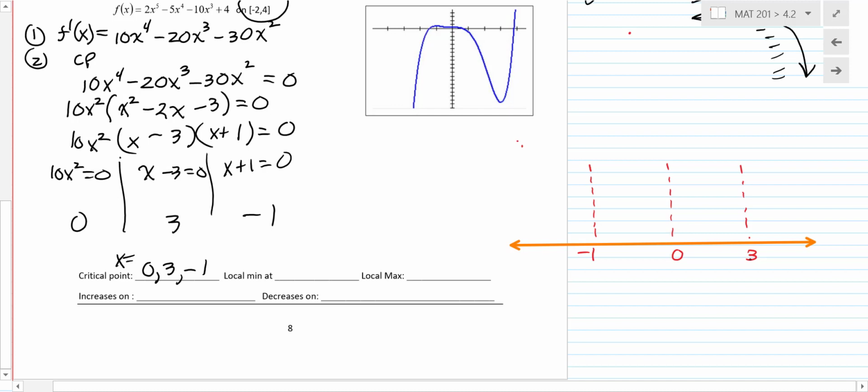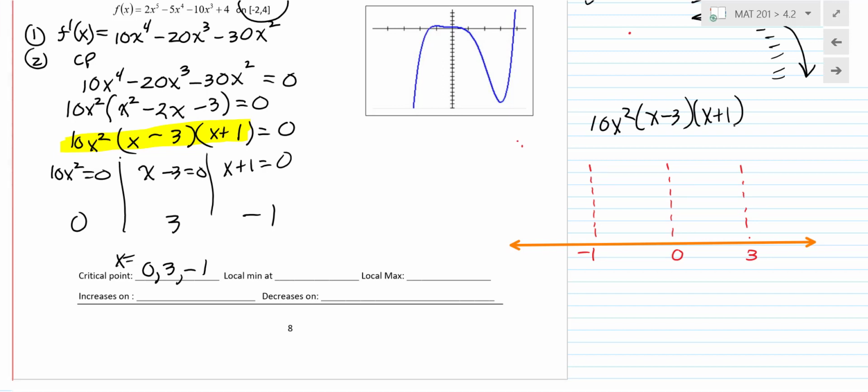And then we're just going to do test points on this. Now, what we're going to do is work with the factored form. I think you'll benefit greatly from always using the factored form when you analyze the sign. So I'm going to put 10x squared times x minus 3 times x plus 1 there. Okay? Now, here's one thing that we've talked about that you want to take advantage of because you want to do your homework as fast as possible, right?